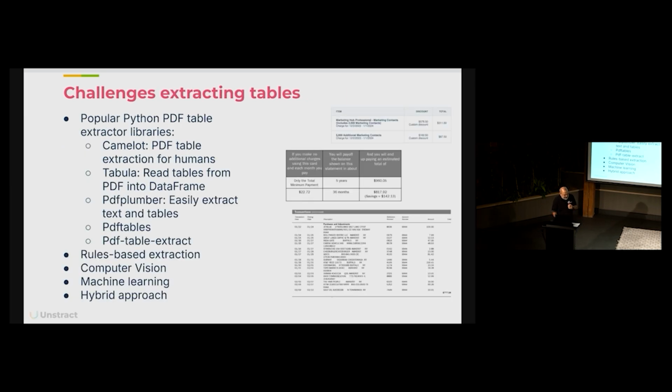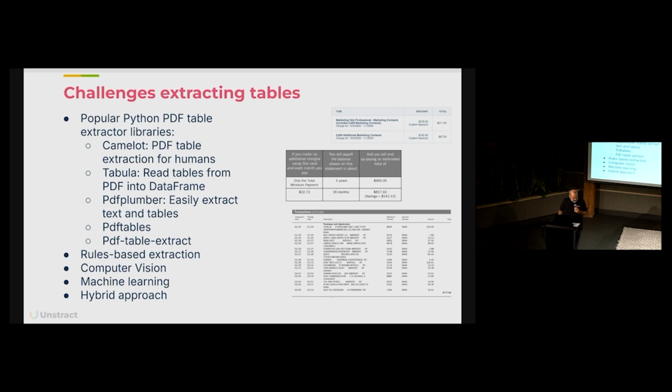Now, tables are another very common component that you'll need to extract from PDFs. There are a lot of libraries that say they are able to extract tables for you. We'll see some examples of that in some code. Camelot, Tabula, and PDF Plumber are some very common open source libraries that help you extract tables from PDFs.